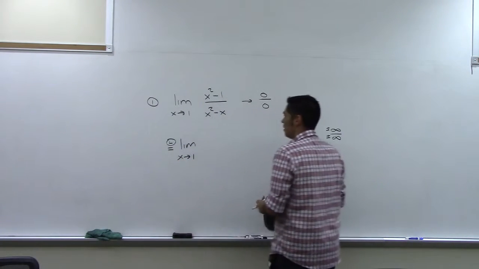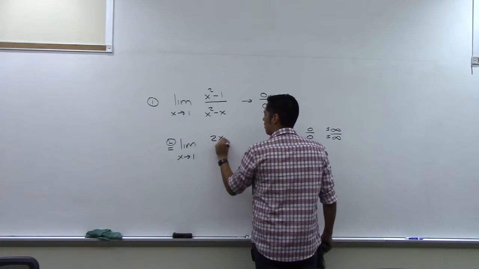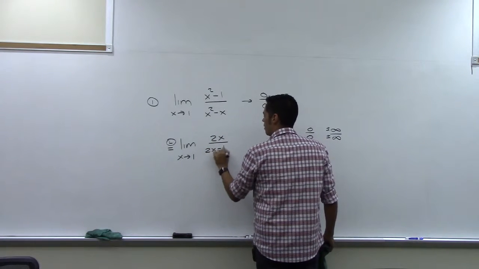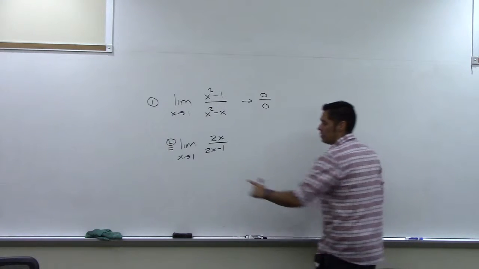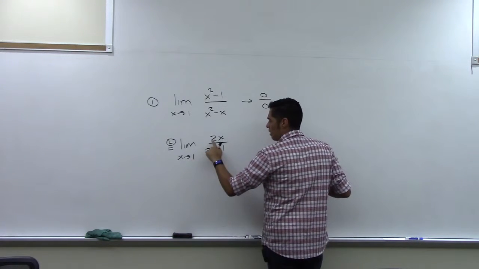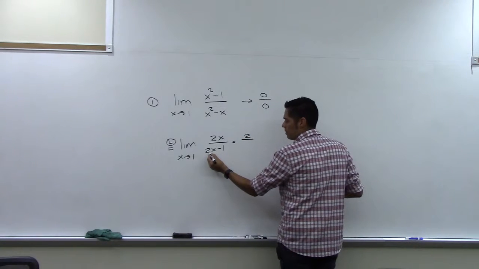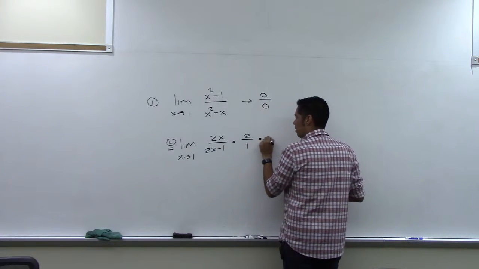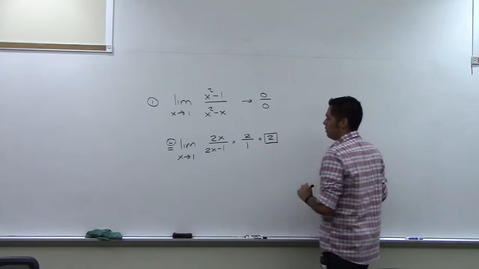Then all we do is take the derivative on the top, which is 2x, and divide that by the derivative on the bottom, which is 2x minus 1. And now we apply the limit again. So let's let x approach 1. We get 2 on top, and on the bottom we get 2, take away 1, we get 1. So the limit here is 2.